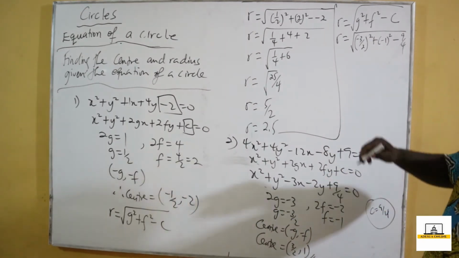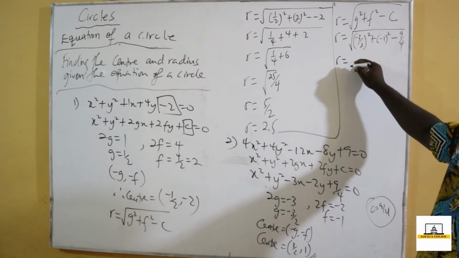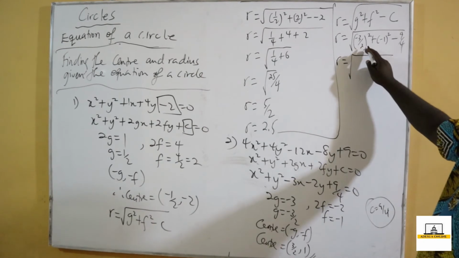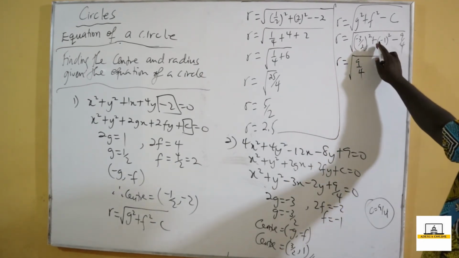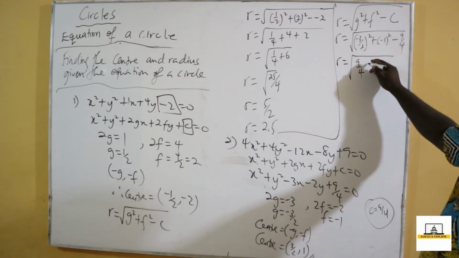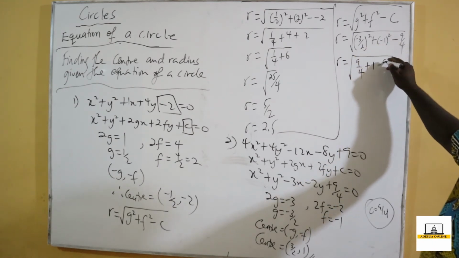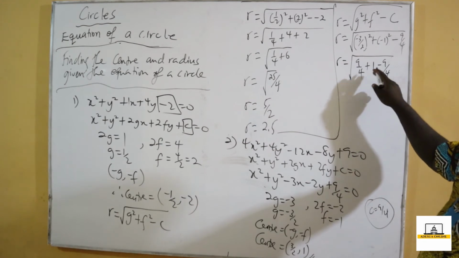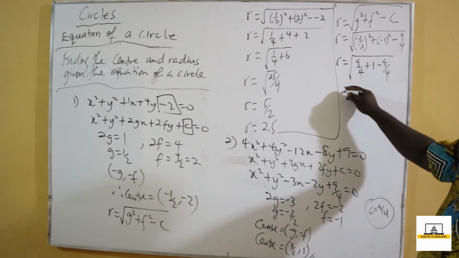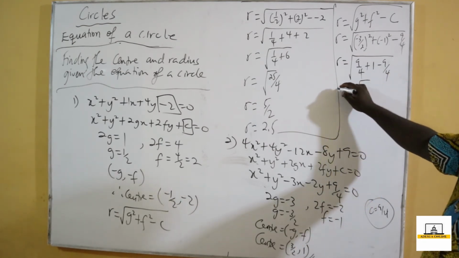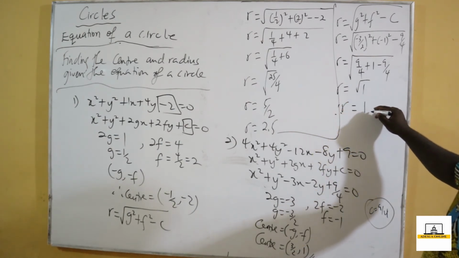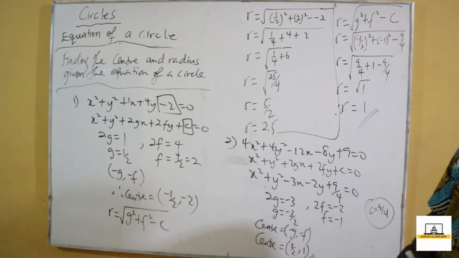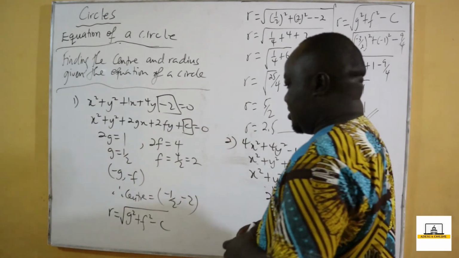Our radius now becomes the square root of: minus 3 over 2 all squared becomes 9 over 4, plus minus 1 squared becomes positive 1, so plus 1, and then minus 9 over 4. So 9 over 4 minus 9 over 4 is 0. We are left with the square root of 1. Therefore, our radius is equal to 1. So our radius is equal to 1 unit.